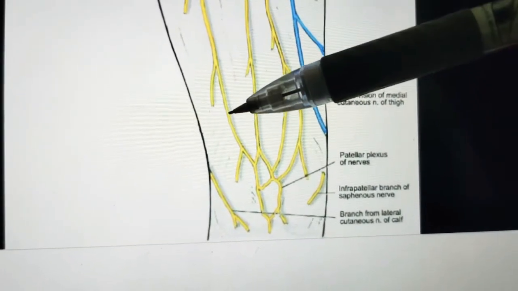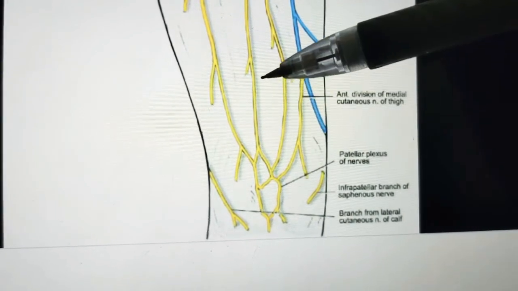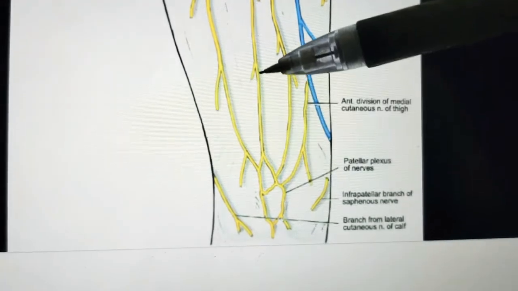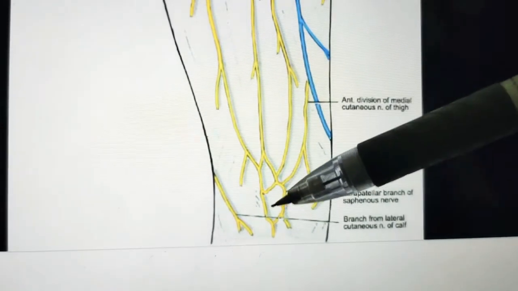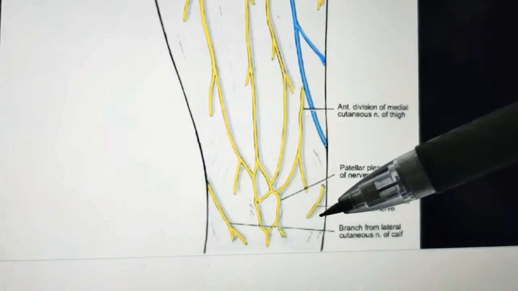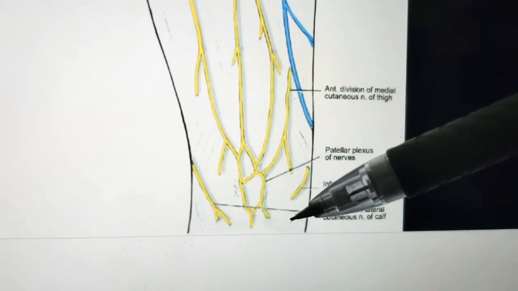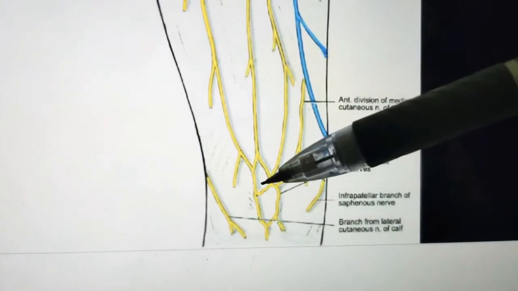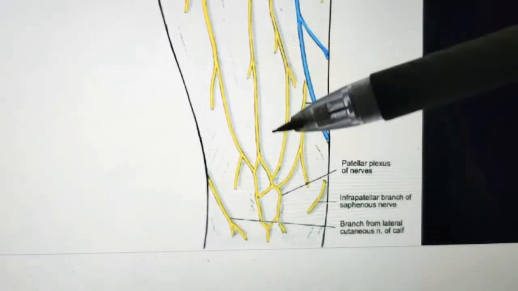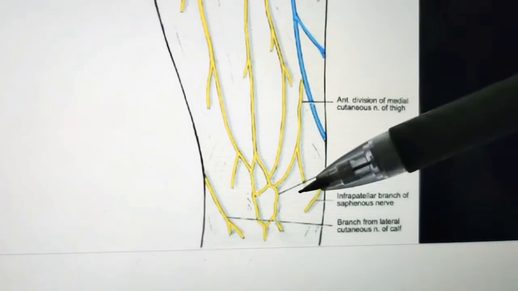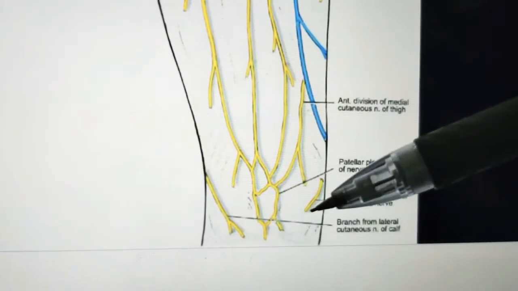First comes the lateral cutaneous nerve of the thigh, especially its anterior branch. Next comes the intermediate cutaneous nerve, and next comes the saphenous nerve, and also the anterior division of medial cutaneous nerve. So anterior division of lateral cutaneous nerve, anterior division of medial cutaneous nerve, intermediate cutaneous nerve, and also the saphenous nerve. So all this together form the patellar plexus around the patella.